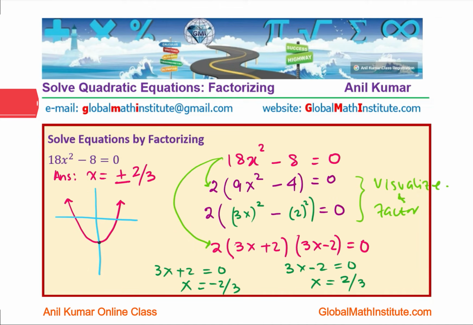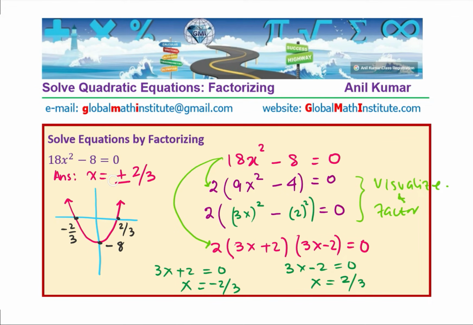So this point here is minus 8 and these are the two roots, minus 2 by 3 and plus 2 by 3. Make sense? So have a good look at how the parabola will look for this particular expression on the left side. And the solutions are the x-intercepts in this particular case.